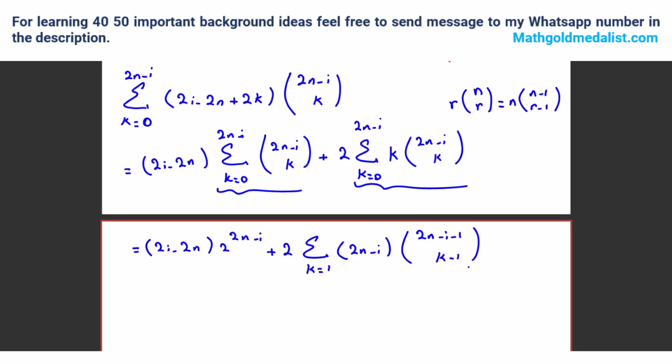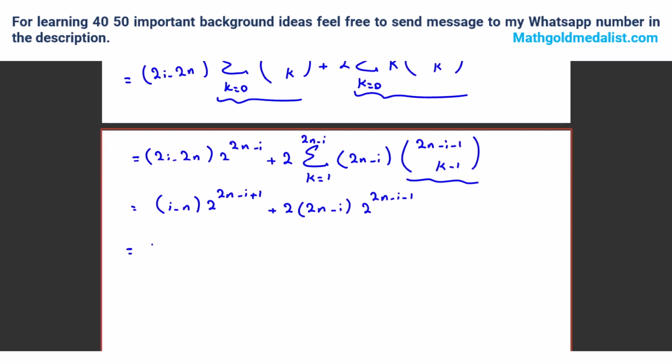It's not important. You can write 1 to not have negative 1 here. To what? Yes. So it would be this, 2n minus i plus 1, 2 times. You can factor from 2n minus i, so this would be what? Good job.